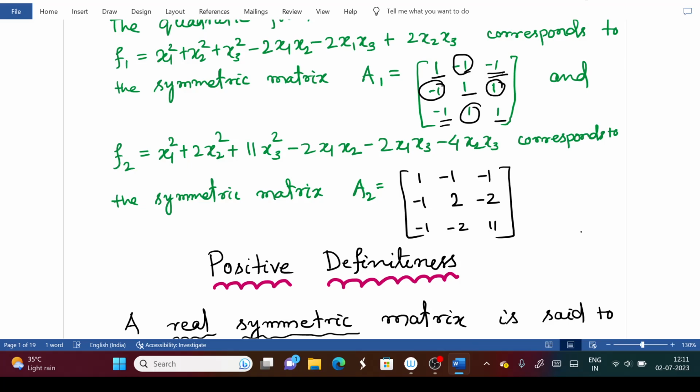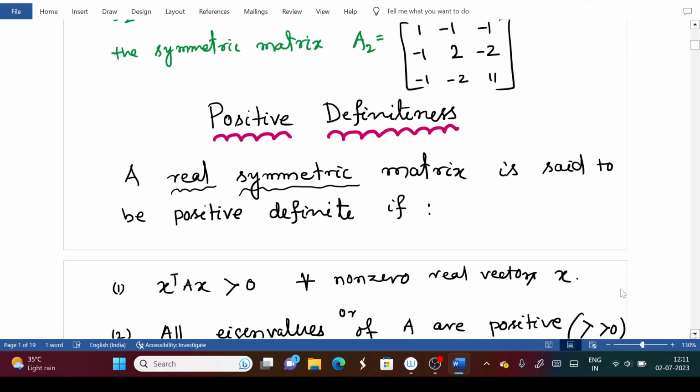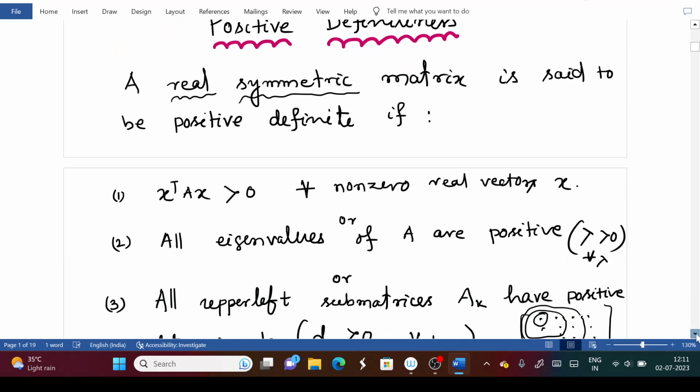Now there are possibilities where these quadratic forms can be positive or negative, depending on the type of matrix, because these quadratic forms are scalar values. What do we mean by a positive definite matrix, or positive definiteness of a given matrix? A real symmetric matrix is said to be positive definite if any one of the following holds true.